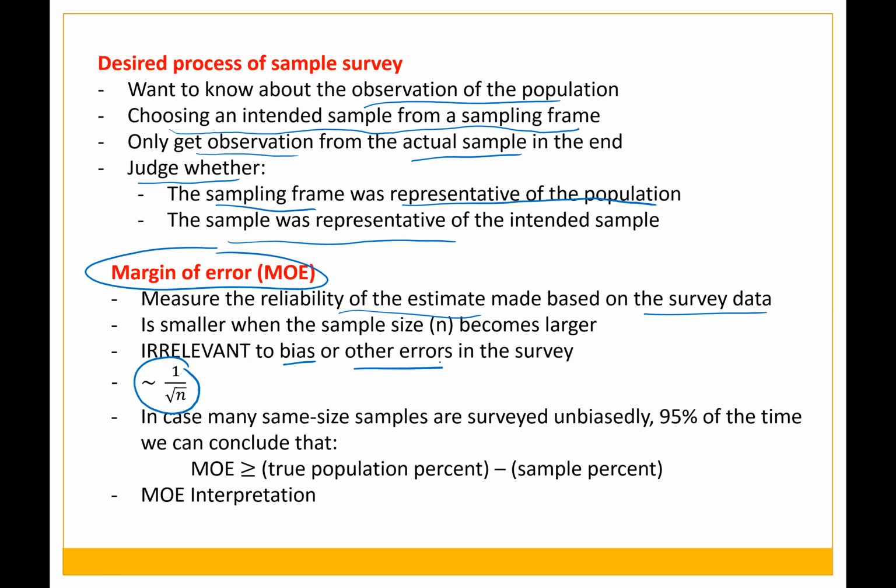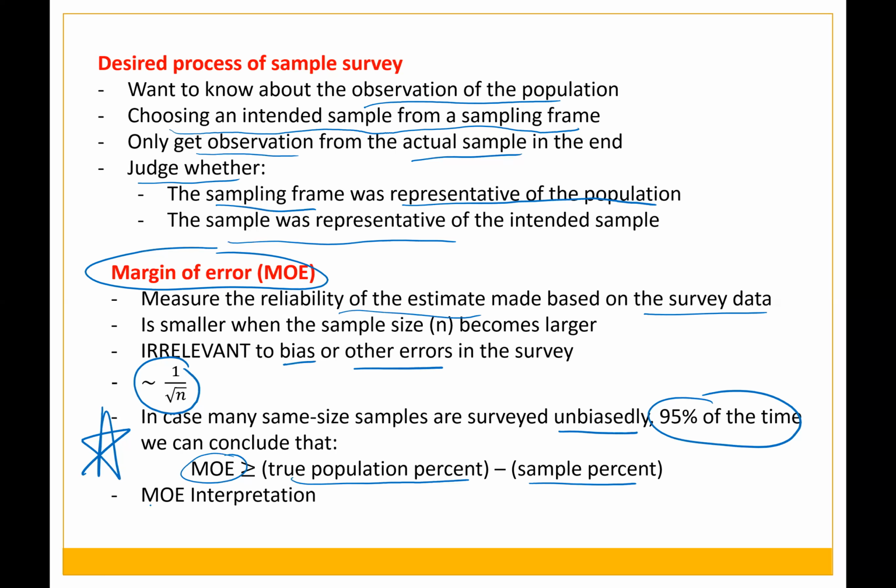If that process is conducted in an unbiased manner, then 95% of the time the difference between the characteristic of the true population and that characteristic of the sample is going to be within the margin of error. That's a very important conclusion in this chapter.